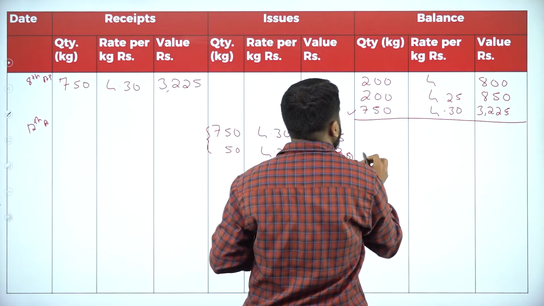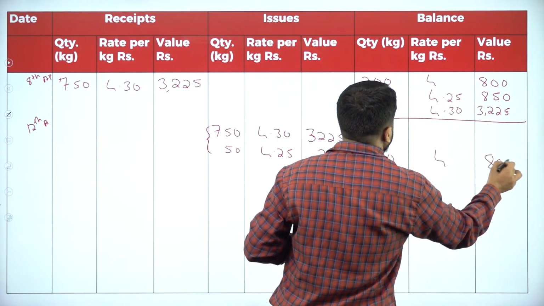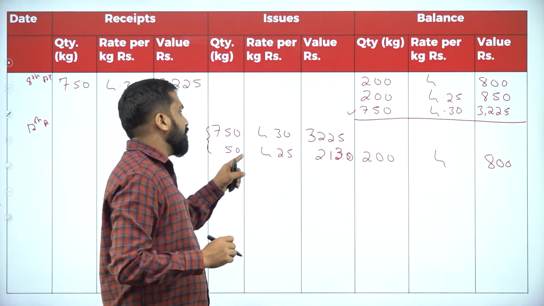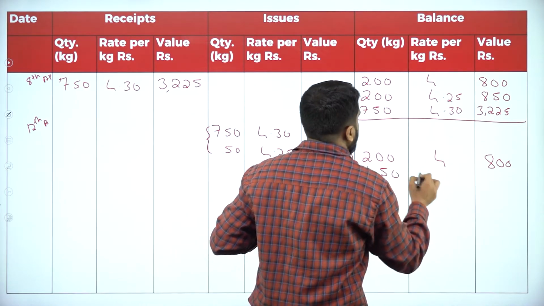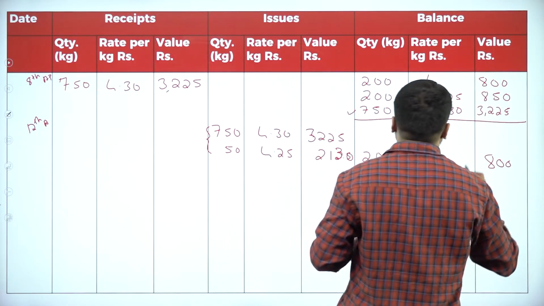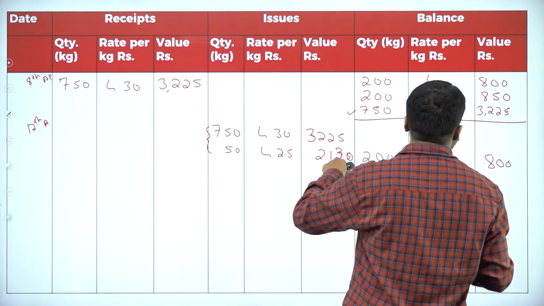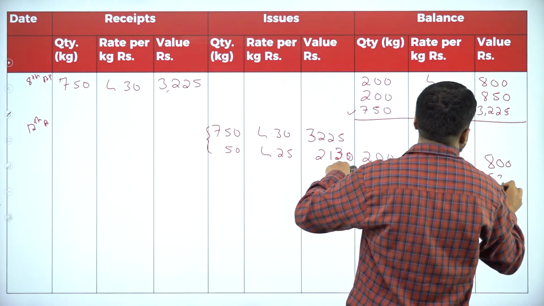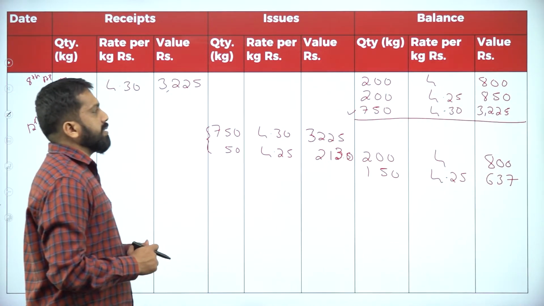Now, what is the balance? First one as it is, right? As it is, 200 into 4, 800. Second one, out of 200, I have used how much? I have used 50. So, the balance is 150. The value is 4.25. The answer is, out of 850, we have used 213, so it will be 637.